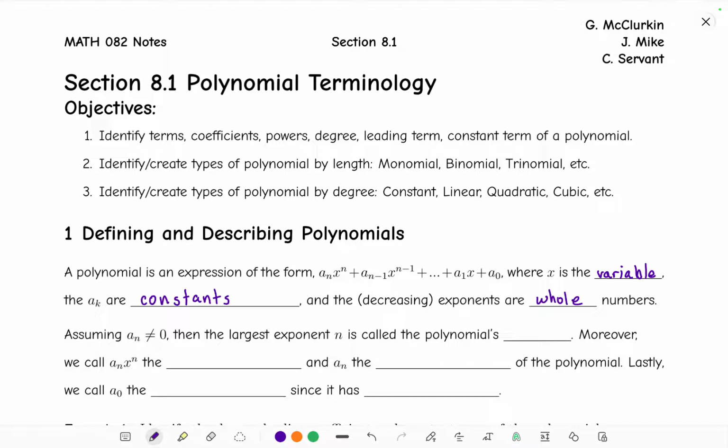Assuming a sub n is not equal to 0, then the largest exponent n is called the polynomial's degree.